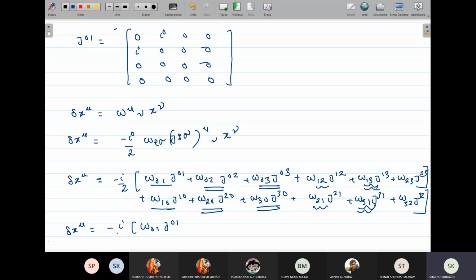But I'm saying that all these omegas are zeros. So what remains? There will be x, so the mu nth entry of this. This entire thing will be a matrix, so you have to take the mu nth entry of this and you have to take x nu. So what will this be?